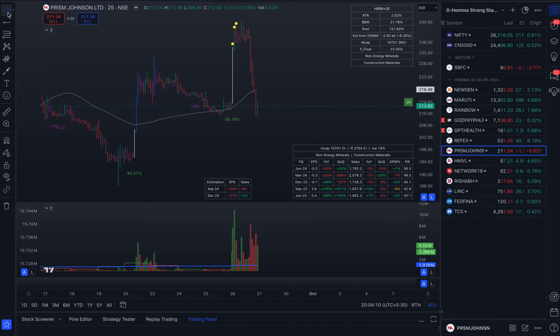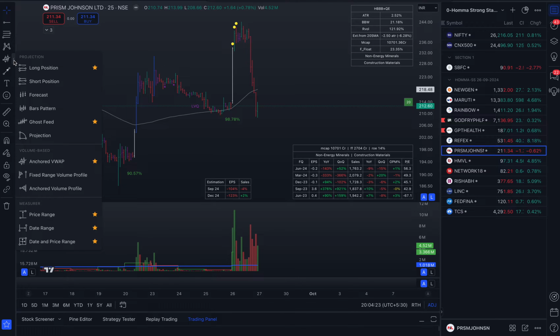AVWAP can be found on the left hand side of your TradingView. One, two, three, four, five. The fifth column, at least here, is the forecasting and measurement tools. You go there and you see volume based. There are three things: fixed range volume profile, anchored volume profile, and anchored VWAP.